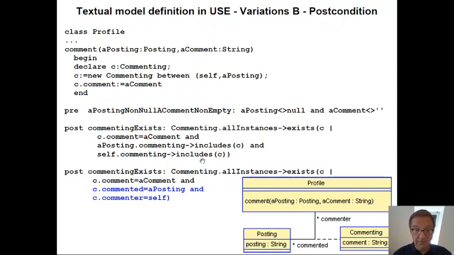Instead of these two lines, we now have that C.commented is equal to a posting, and the other part is C.commenter is equal to self. So what is expressed with this line is now expressed with this line, and what is expressed in the first formulation of the postcondition with this line is now expressed alternatively with the second line here.